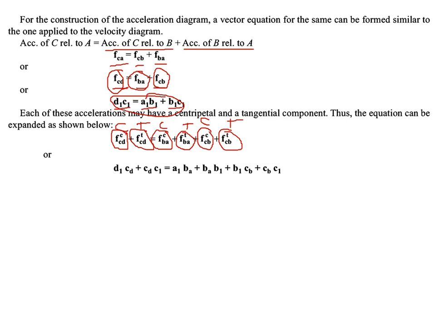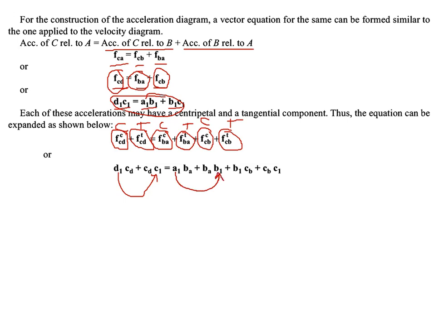So this D1 C1 now becomes D1 CD plus CD C1. If you want to get D1 to C1, I have to take one more CD. So D1 to CD and then CD to C1. Now I want A1 to B1.